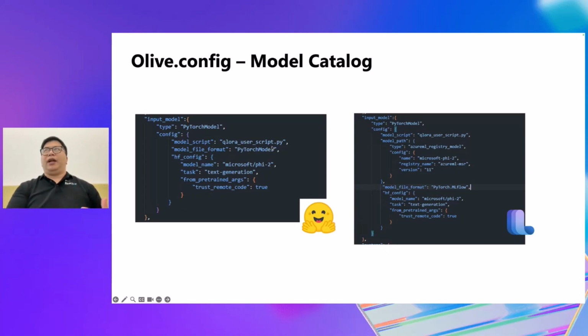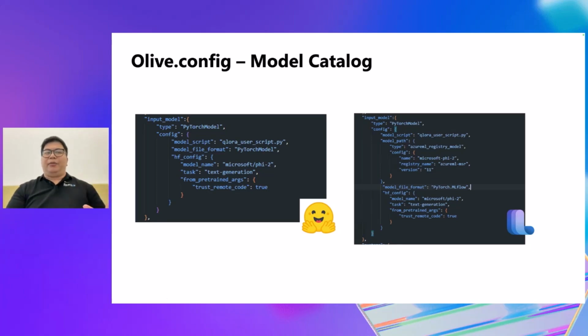Another thing is you can choose the Microsoft Olive config to choose the Azure AI Studio model catalog. Just like here, you can use the Hugging Face model and set the Microsoft model catalog here. So it's very easy to control all the models you want.